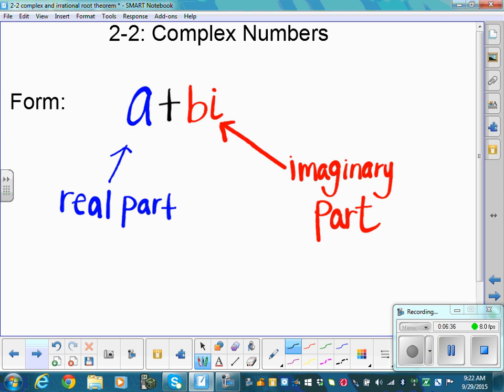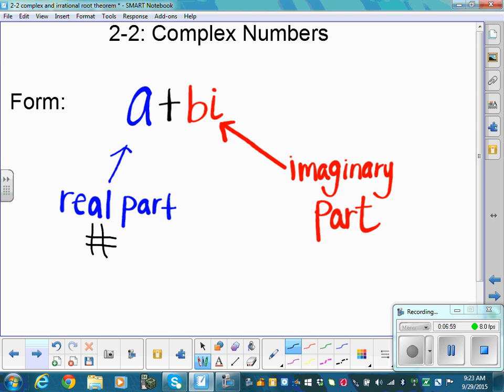So a complex number, guys, has this form, a plus bi. Once again, a complex number has the form a plus bi, where the a part is the real part, meaning the real number part. So a is going to be a real number. Now bi is the imaginary part.